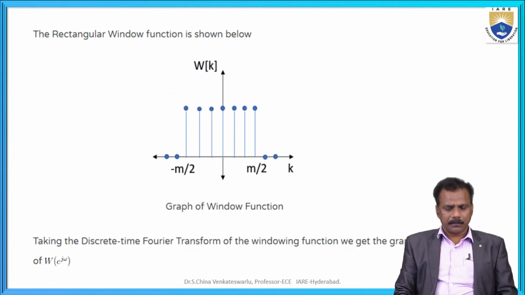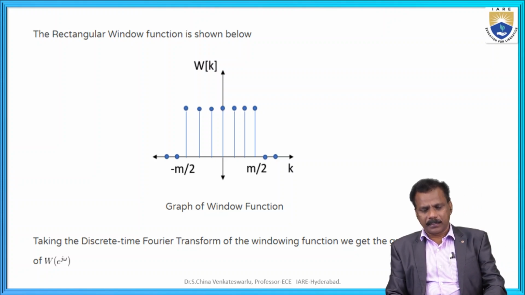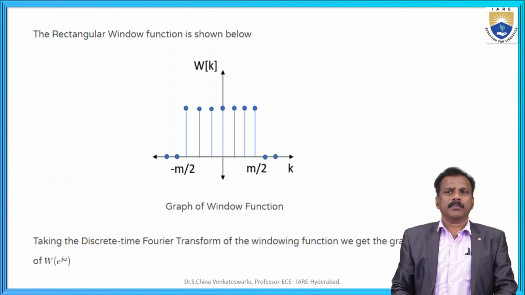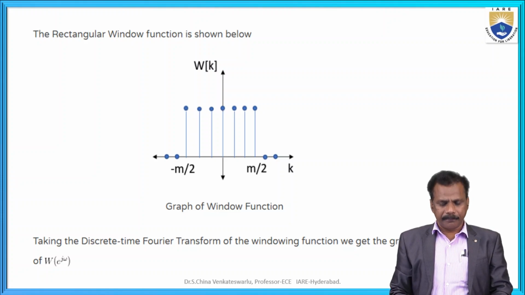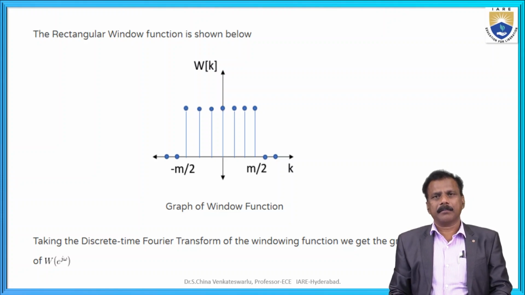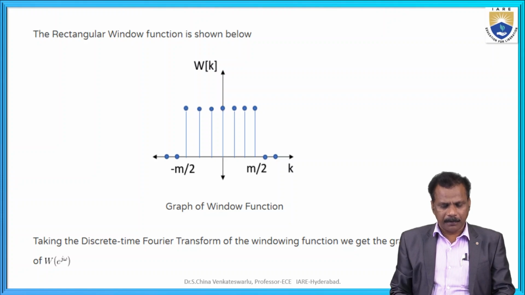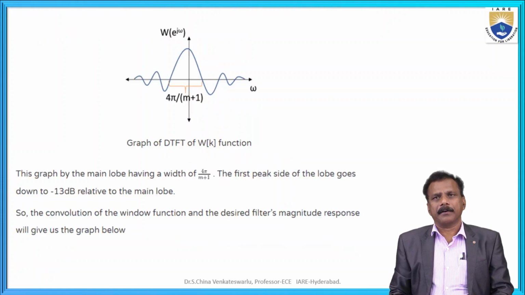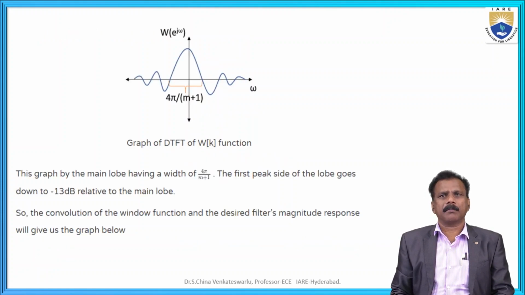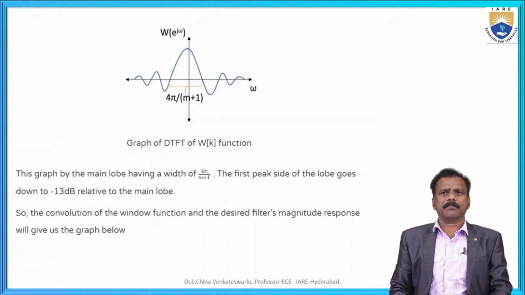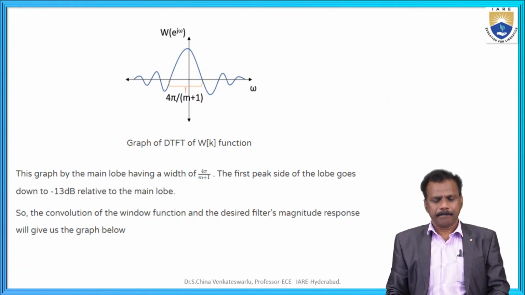Taking the discrete time Fourier transform of the windowing function, we get the graph of W of e power j omega, omega versus W of e power j omega. This is the graph of the discrete time Fourier transform of the w of k function.